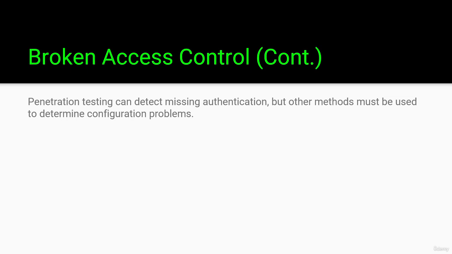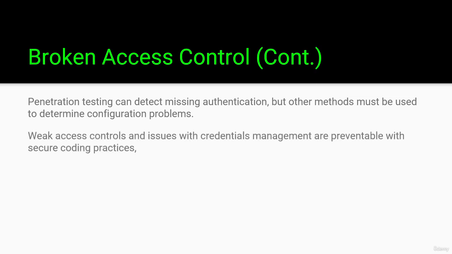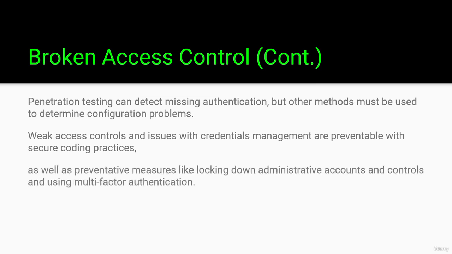So, penetration testing can detect missing authentication, but other methods must be used to determine configuration problems. Weak access controls and issues with credential management are preventable with secure coding practices, as well as preventive measures like locking down administrative accounts and controls and using multi-factor authentication.